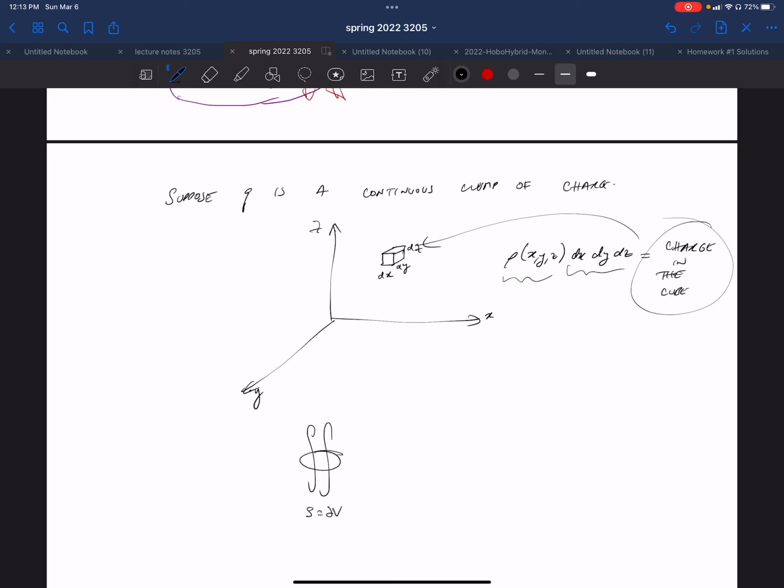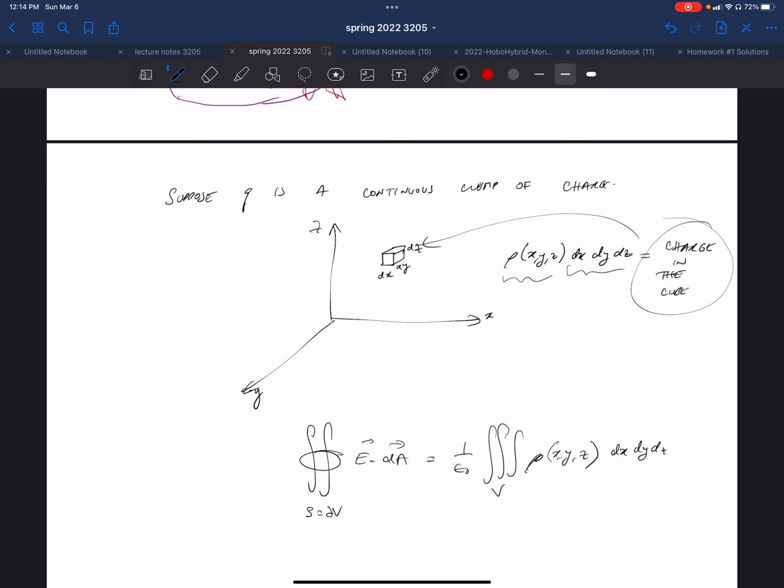So again, the surface integral of E dot dA is equal to 1 over epsilon naught times this volume integral of rho of x, y, z, dx dy dz.